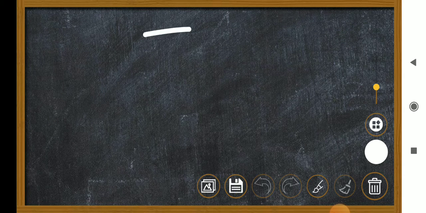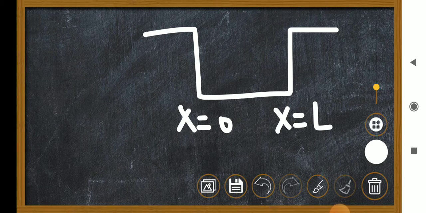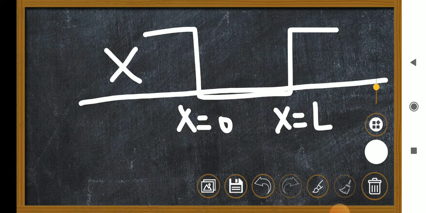But in this case, our range has been reduced to x equals 0 to x equals L. We don't have to consider the entire length, because outside it the probability of finding a particle has been nullified.